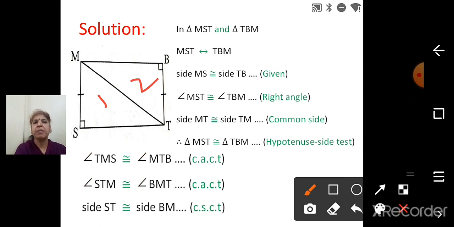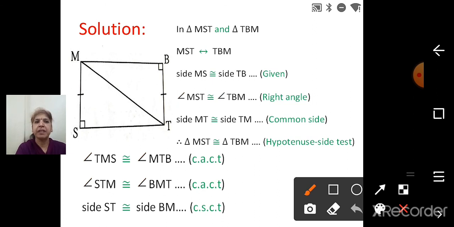Keep in mind that vertex S corresponds to B and vertex M corresponds to T. So after writing the names of the triangles, we write the correspondence: MST corresponds to TBM.